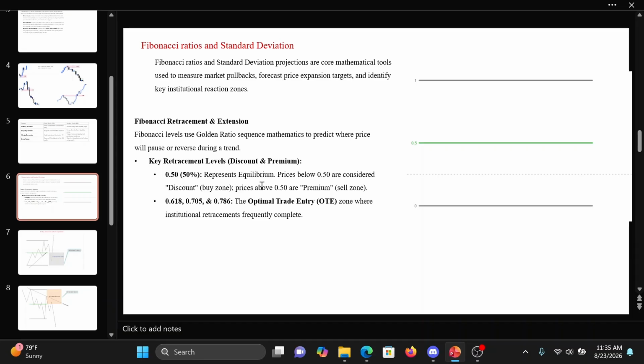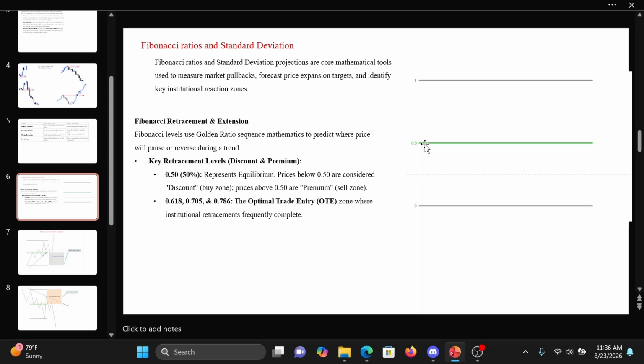Whichever case you may want to mark it, it doesn't matter, as long as it's 50%. So it represents equilibrium price. Below 50, or 0.5, is the discounted zone, and above it is the premium zone.